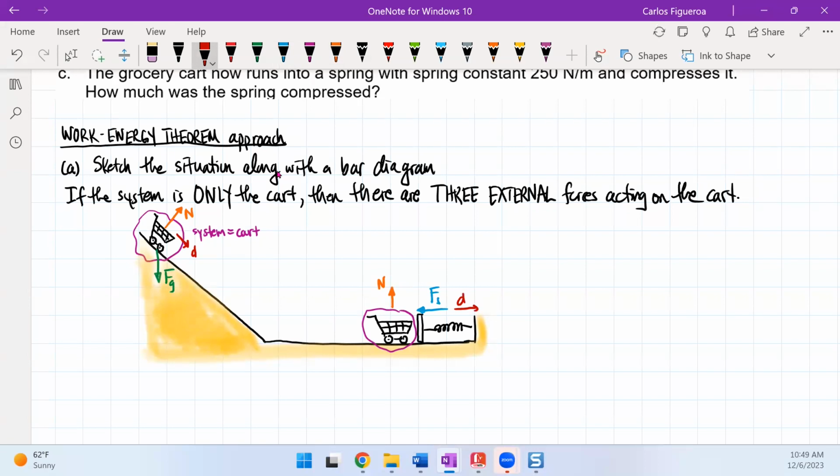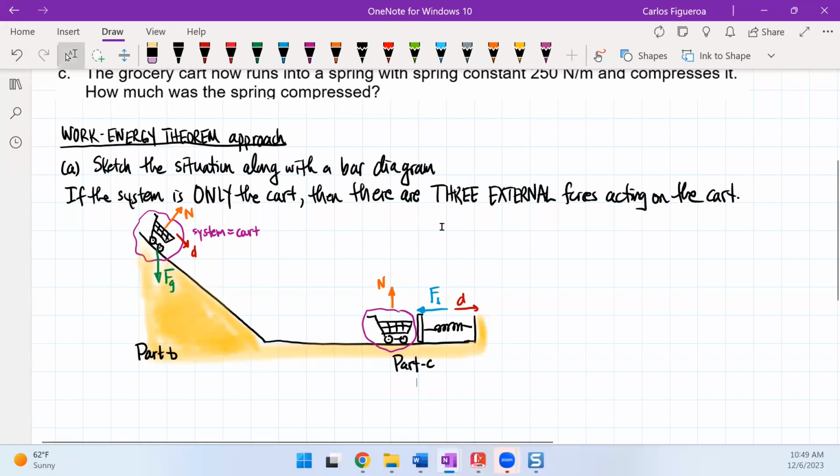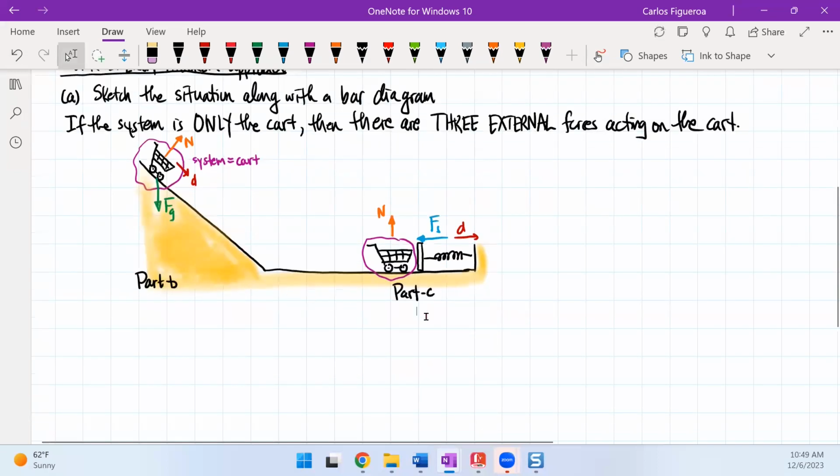So when I look at these two situations here, this is part B, and this is part C. So I need to go at each of these situations and actually look at them. So let's start with part B.